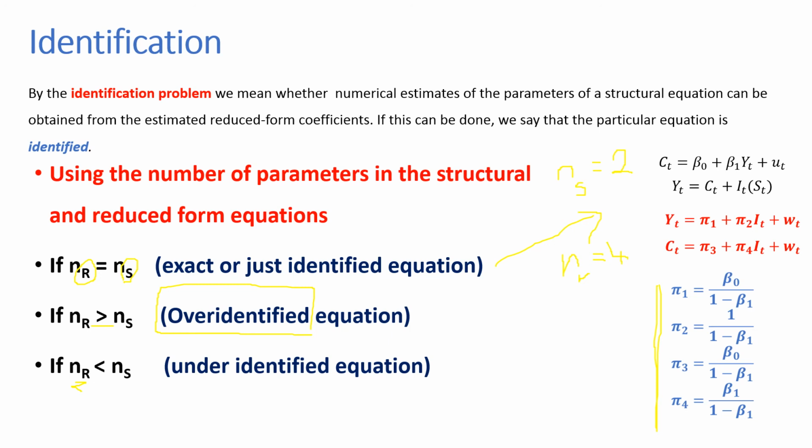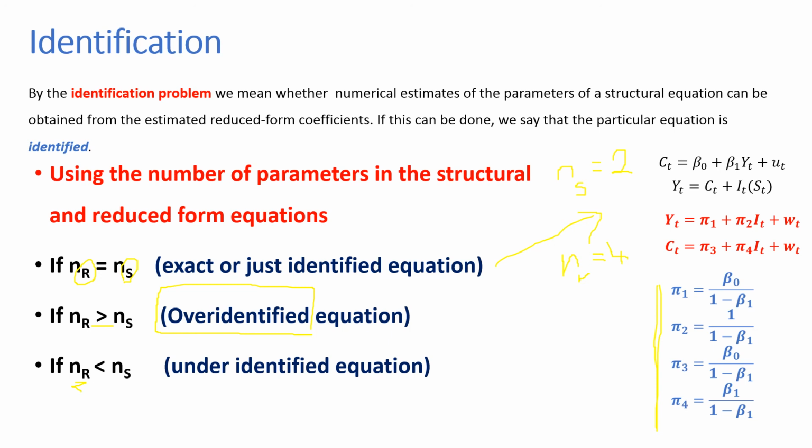But actually, this rule or approach has a disadvantage. In order to know whether I can do this last step, whether I can obtain the structural parameters from the reduced parameters or not, I have to go through all the steps for finding the reduced form. I have to transform from structural to reduced form in order to know how many reduced parameters I have, and then compare the number of reduced parameters with the number of structural parameters.